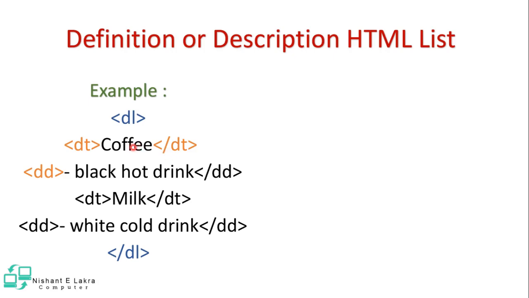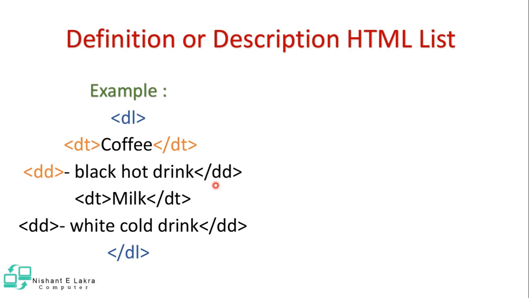Now, describing the name, that means describing the item. What kind of coffee is this? Black hot drink. So to describe the coffee, which tag are we using? The DD tag. And the DD tag also has a closing tag, like you can see here, slash DD.